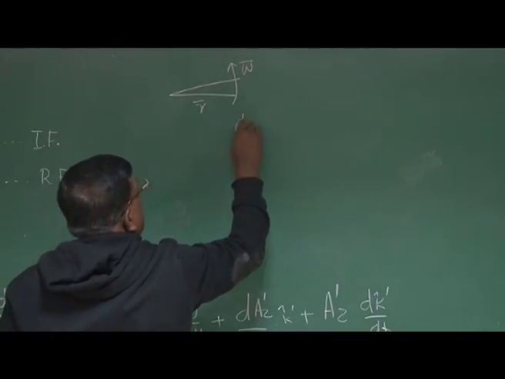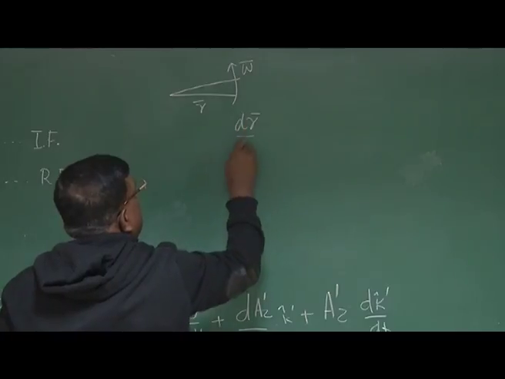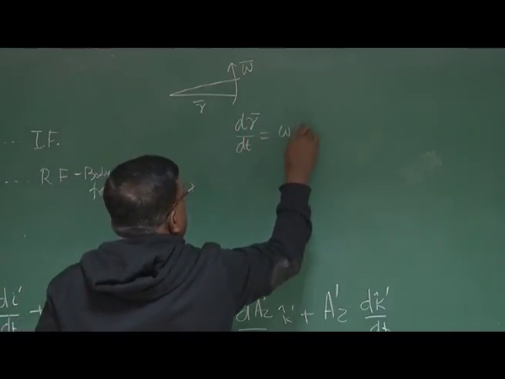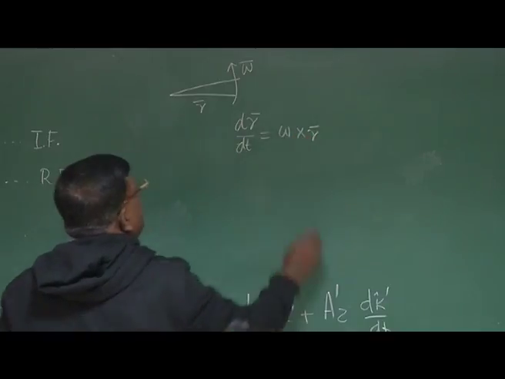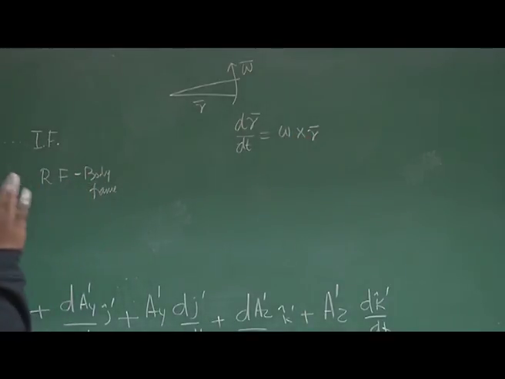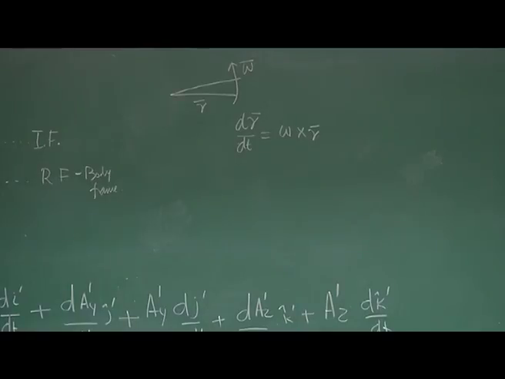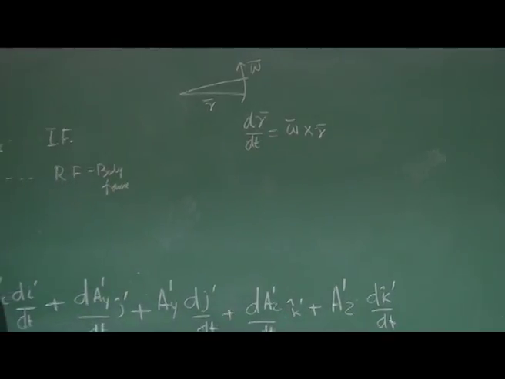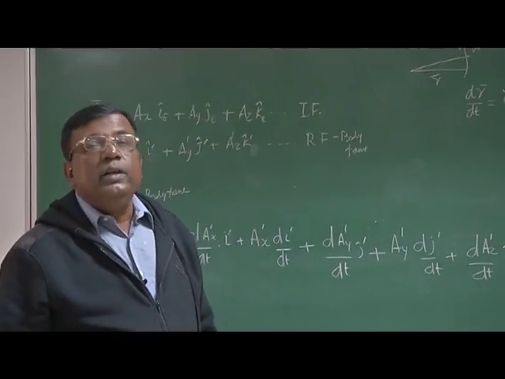Then you know that dr by dt equals omega cross r. Very simple, isn't it? The vector rotates like this, so dr by dt is omega cross r. Omega is a vector. What is omega? Omega is the angular velocity of the rotating vector.